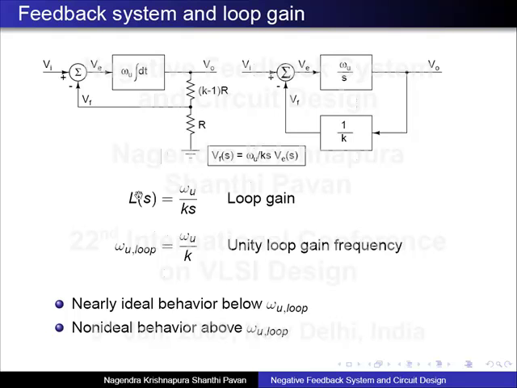So it turns out that this loop gain is omega u by ks. What is the significance of this? What are the frequencies at which the loop gain is more than 1?